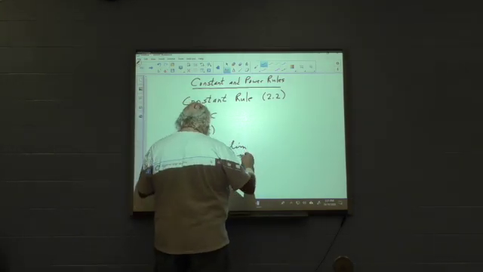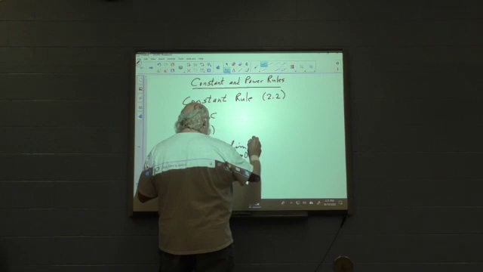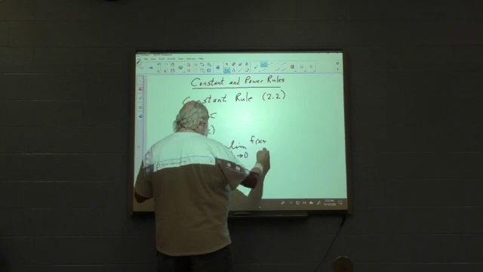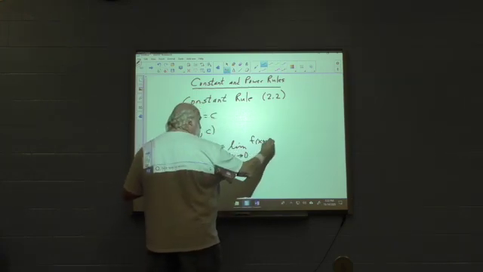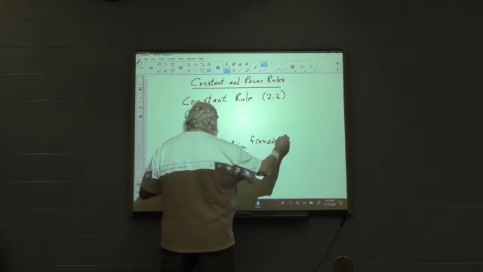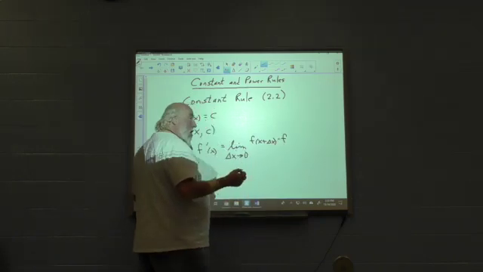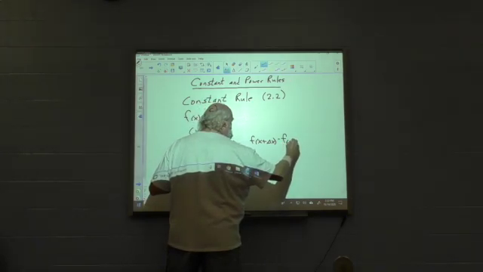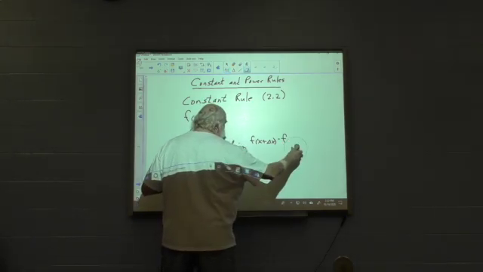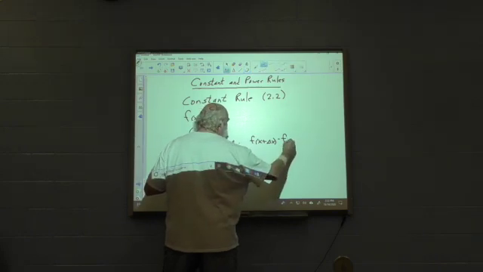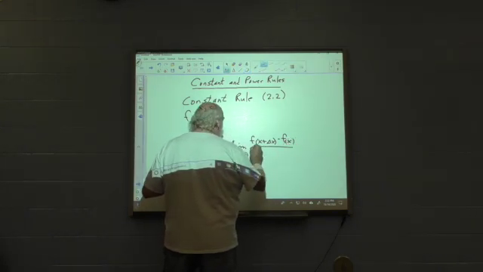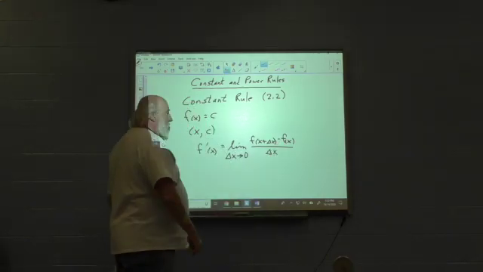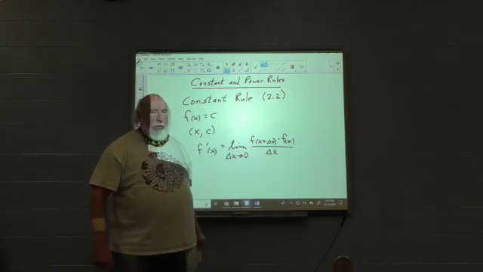So the y2 is your function of x plus delta x. Since we use delta x in the limit there, we're going to put that right there, minus y1, which would be your function at x, over the change in x, which is delta x. So that's x2 minus x1 right there.